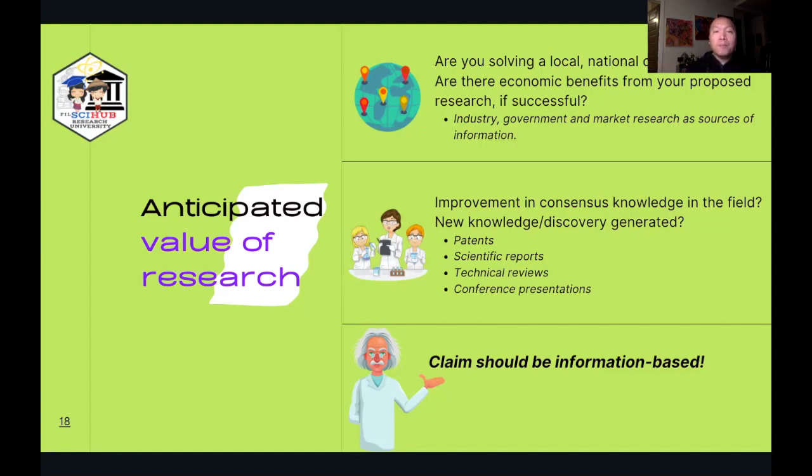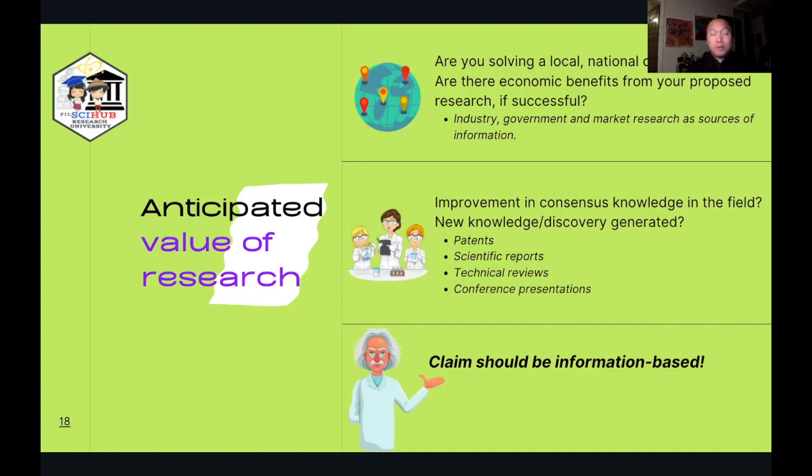It's very important. Another set of potential impacts of a particular study would be, are you improving consensus knowledge when it comes to that field? Are you redefining or changing the understanding of a particular subject matter? These are some of the things that you should also highlight. It doesn't necessarily have to be of an economic impact.